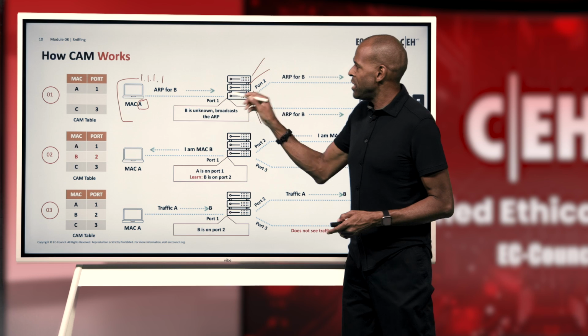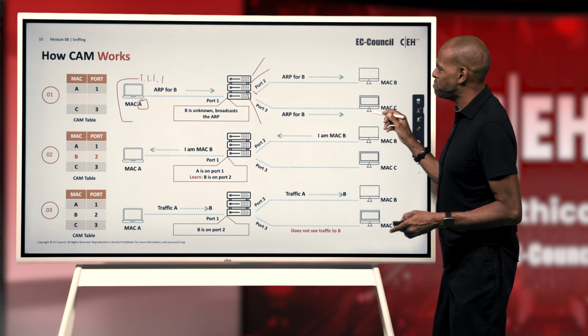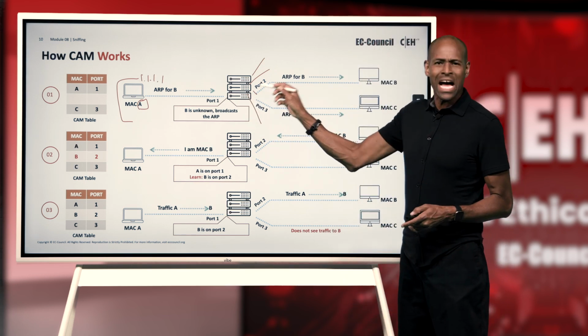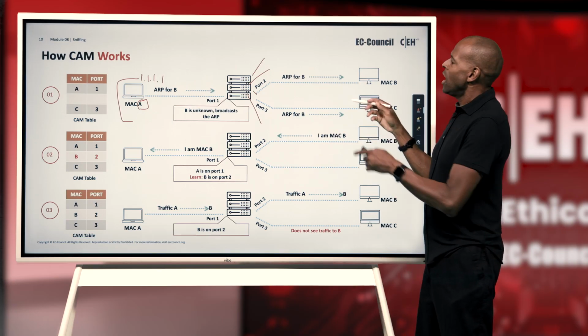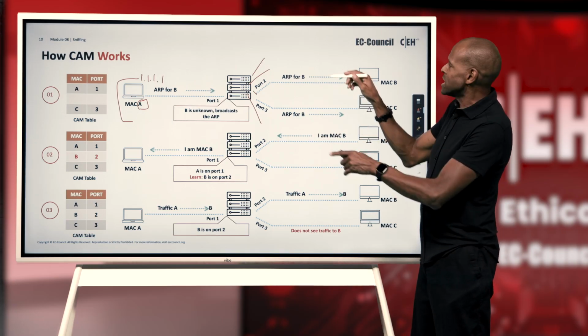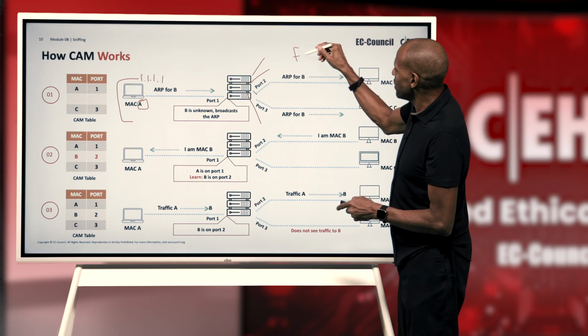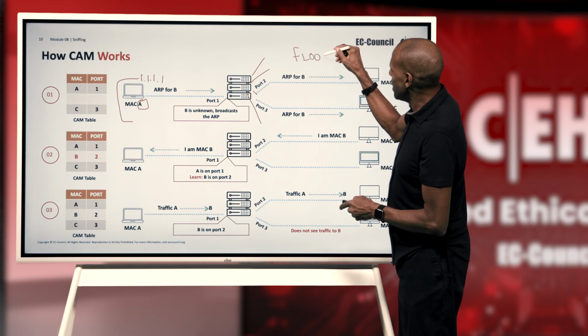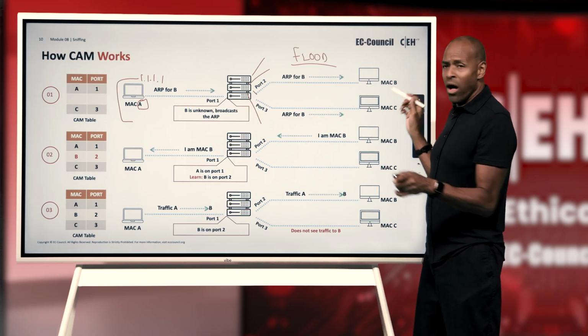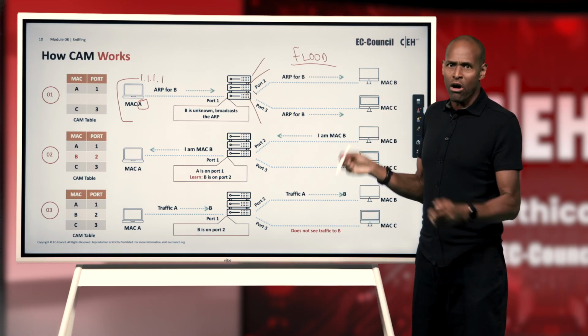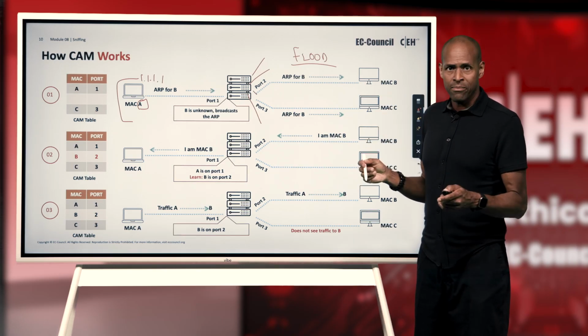Now, the computer that it's ARPing for is B, and the switch has not yet learned that it's connected to that port. So it floods, that's what the actual term is. It's called a flood. It floods that information out all of its ports, and then all the other computers on the network drop that frame.